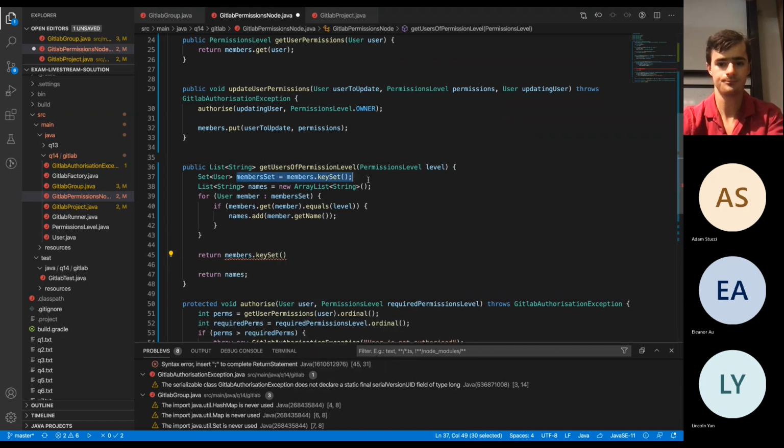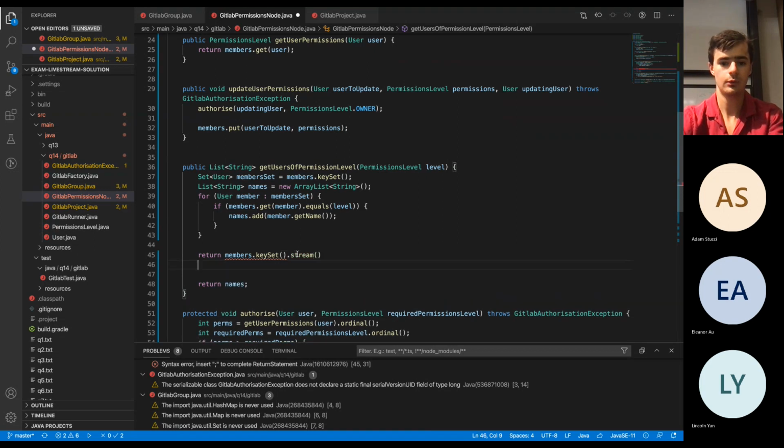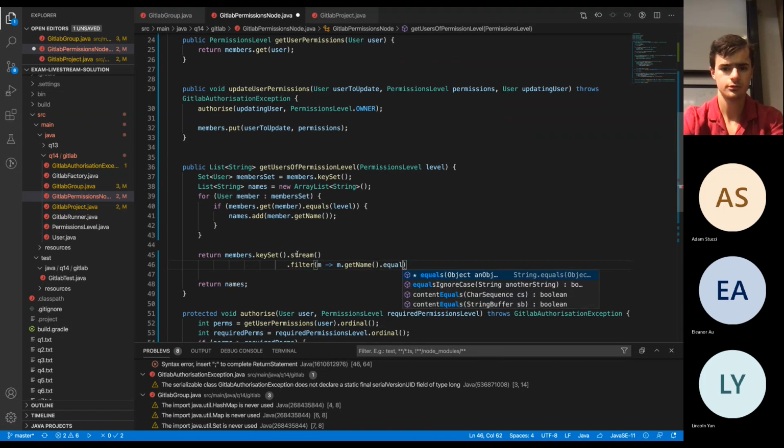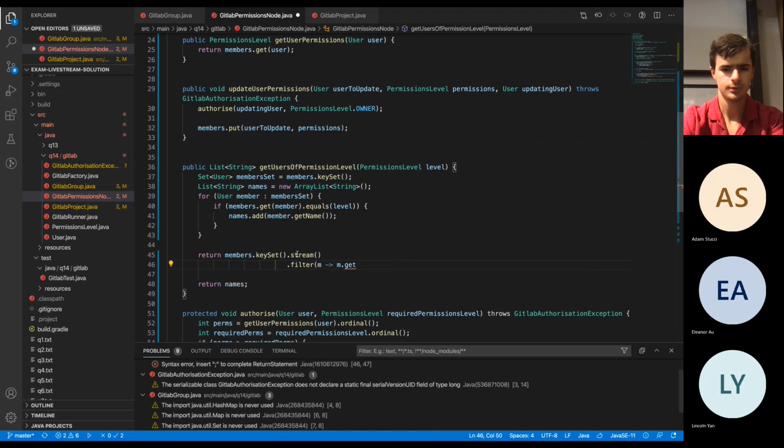First thing we do, same as here, and then we're going to turn it into a stream. Now for every item in the stream, I want to say dot filter, and we'll call this m. members.get(m), so we do the lookup, dot equals level.